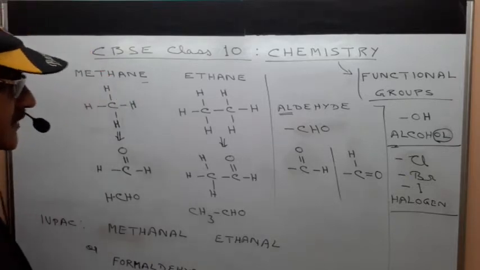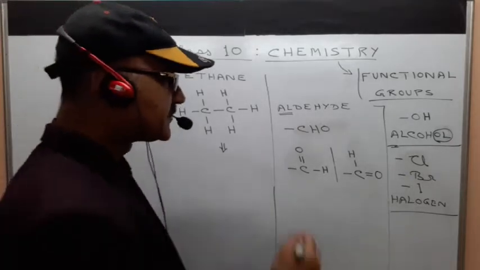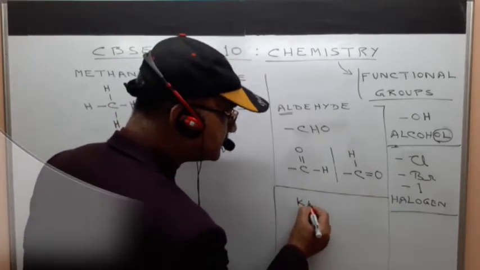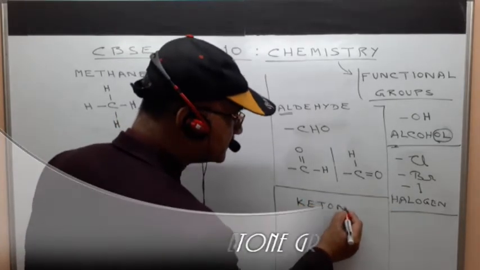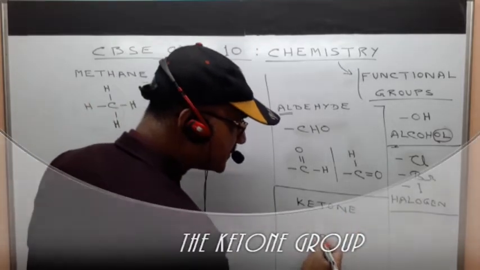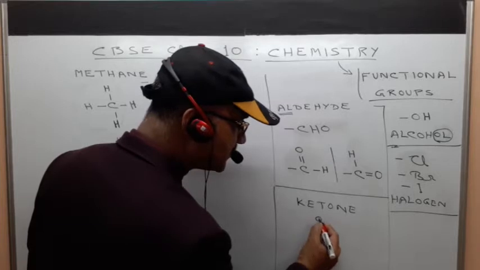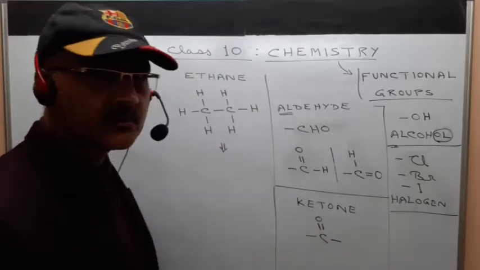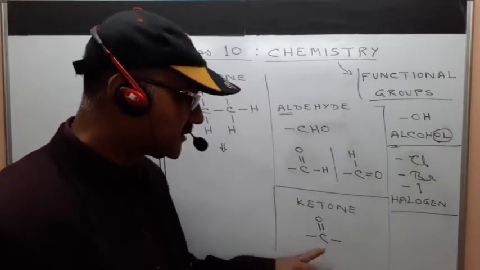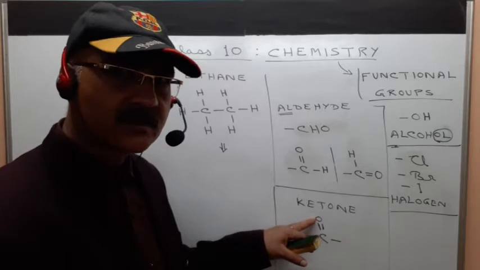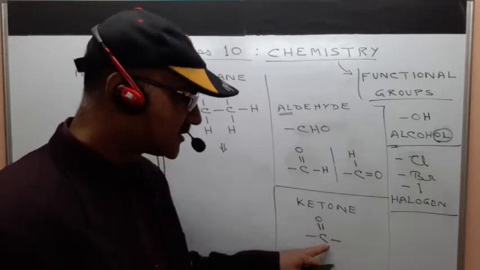Okay. Now the next functional group is called ketone. So the structure is like this: a carbon atom, double bonded to oxygen, and its valency is 2. So 2 lines here. That means one carbon atom double bonded with an oxygen atom and 2 places are left.